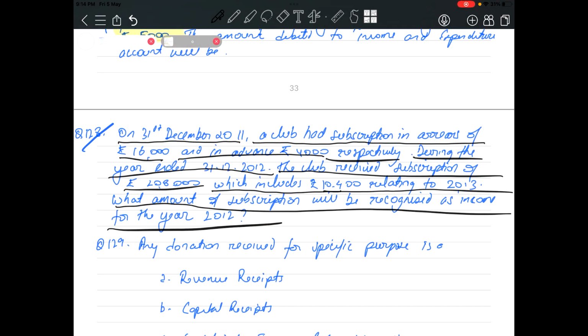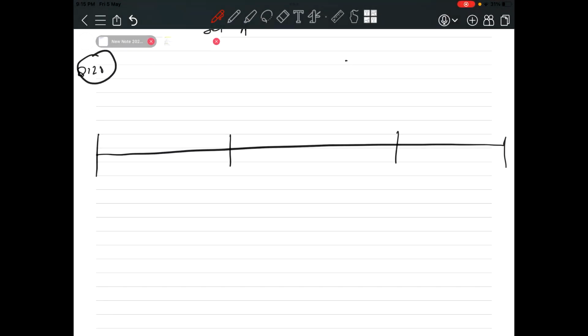The question has given us the year. During the year ended 2012, so 2012 will be our current year. What will be the previous year? It will be 2011, and the next year will be 2013.